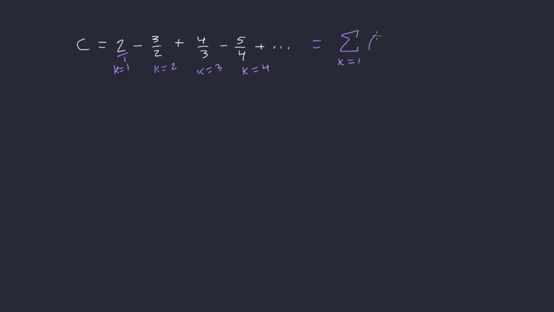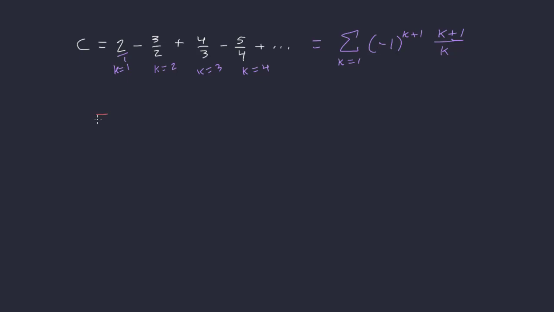So first of all, we definitely have an alternator. Makes me think we're talking about a car, but we have an oscillator, I guess, is the more accurate way to say that. And it's going to be a k plus 1 because when we plug in 1, we need an even number here. And then it looks like we have a fraction where the denominator is k, and the numerator is k plus 1. So let's see, I'm going to just check this.